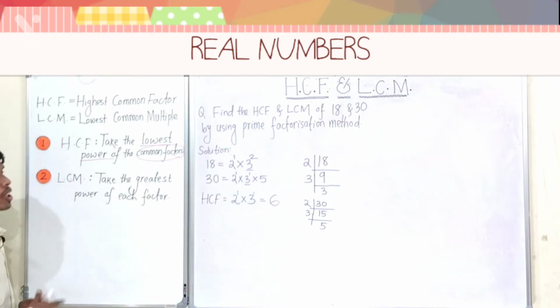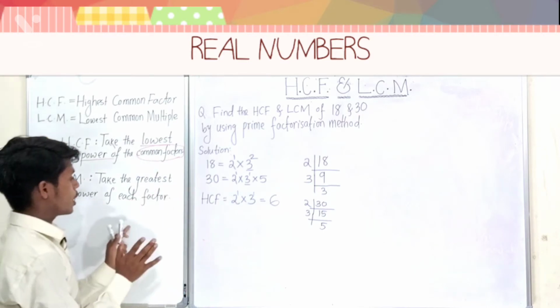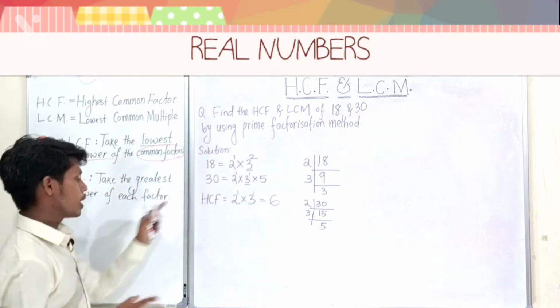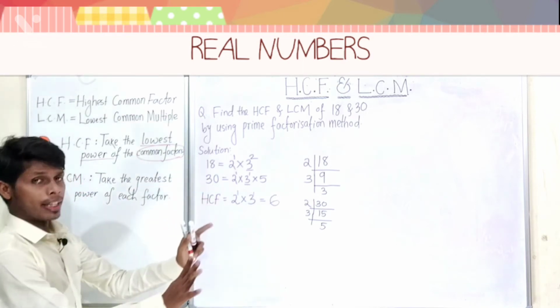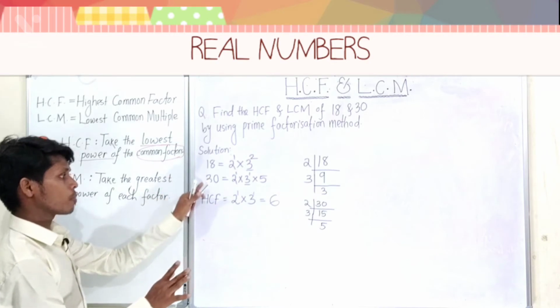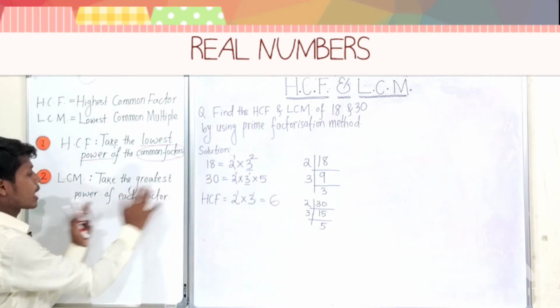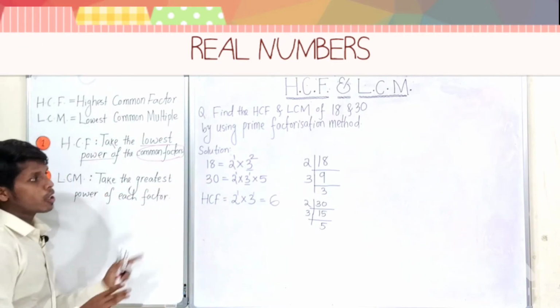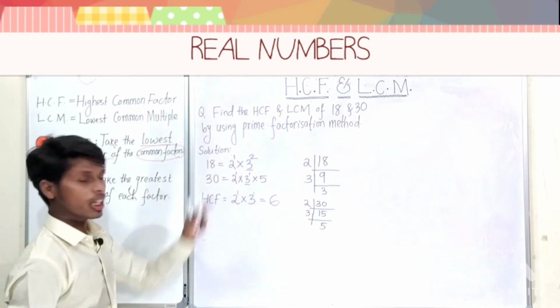Okay, so here you don't worry about common factors. You have to take each of the factors from each of the numbers, then you have to take the greatest one. If there are common factors, then you have to take the greatest one.